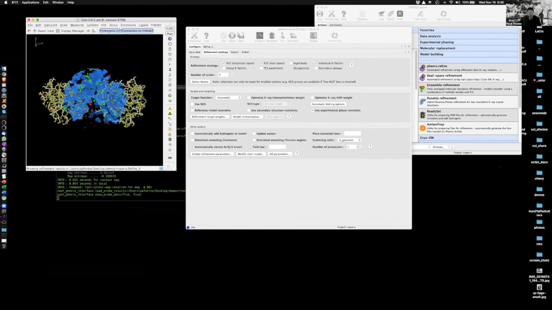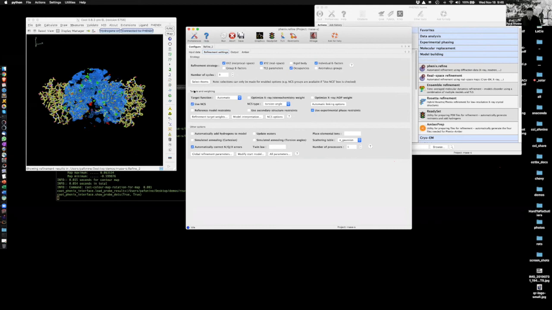So we ran a refinement without NCS, but we could have done it with NCS. And the way to do it would be to check the use NCS button here. And that will say that we want to use NCS. Now, it's totally critical how the program knows what exactly is NCS related.